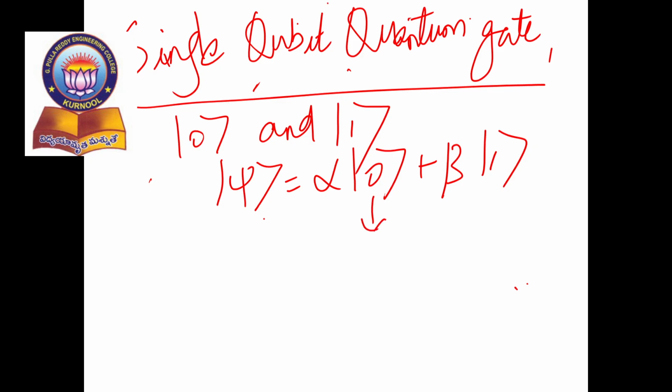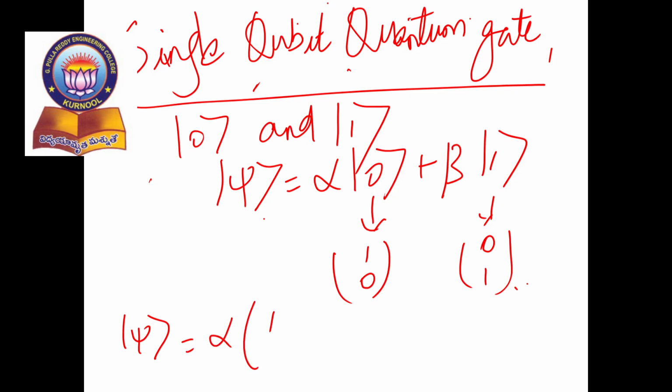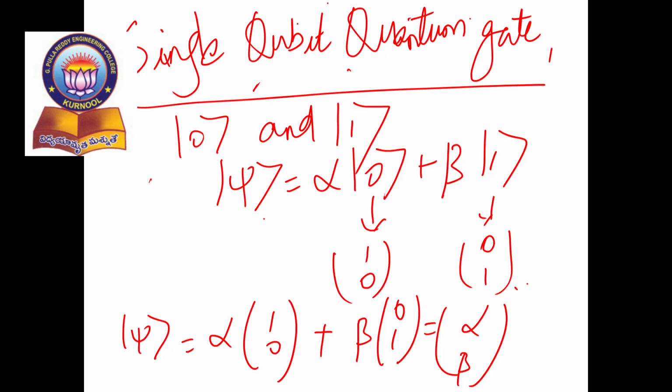So for 0, we know that the values are 1, 0. For 1, it is 0 and also the 1. Okay. So write down the wave function is equal to alpha of 1, 0 plus beta of 0 and 1, which is nothing but alpha and beta. So these are called the state vectors.